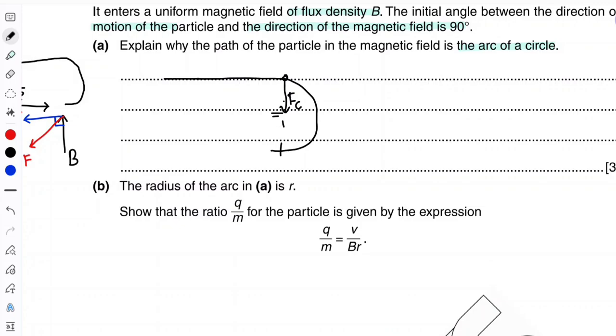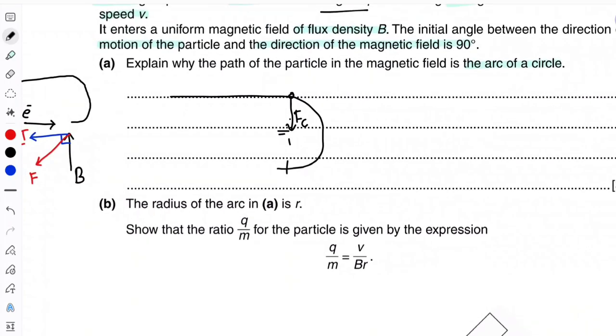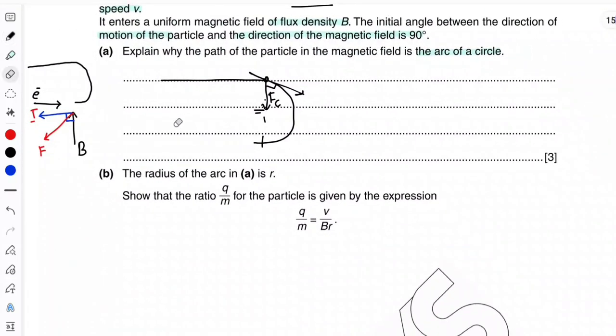Right, and the direction of motion of the particle is perpendicular to the field lines. So it's pretty much a motion question. So what can we write?